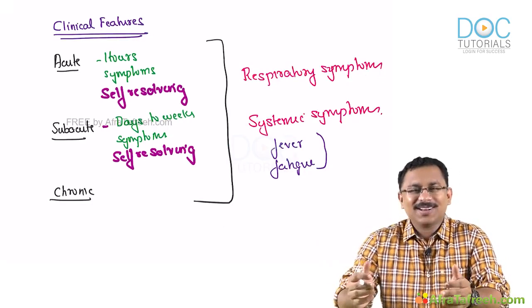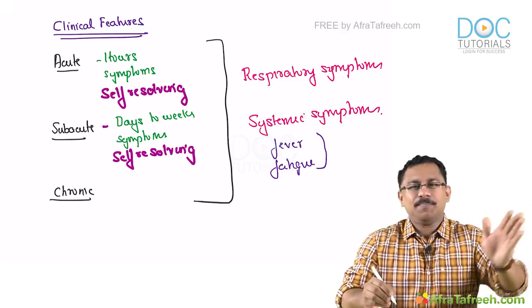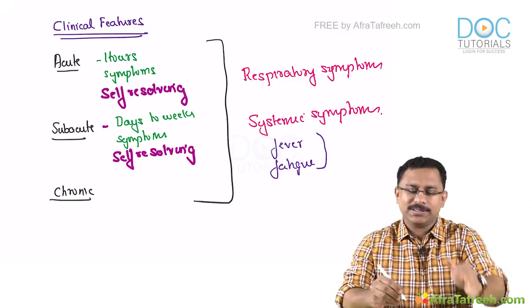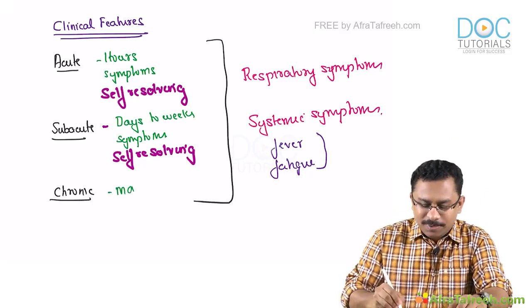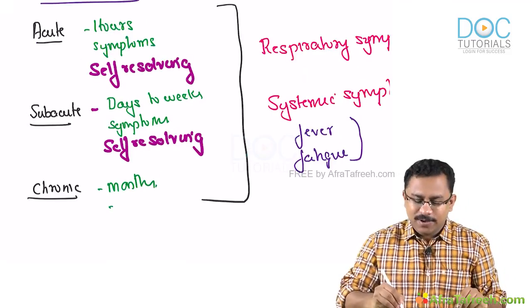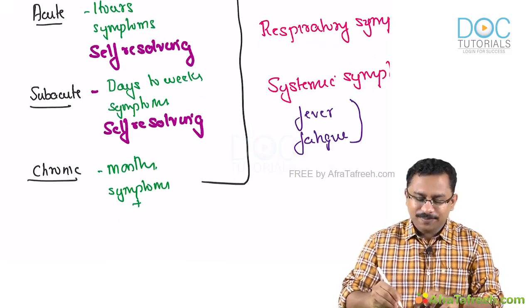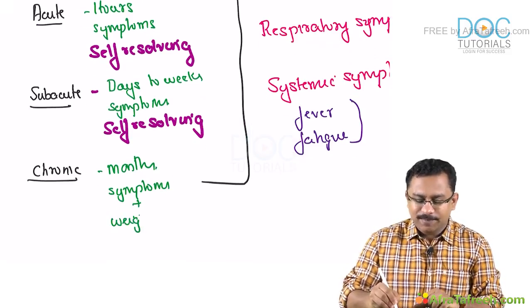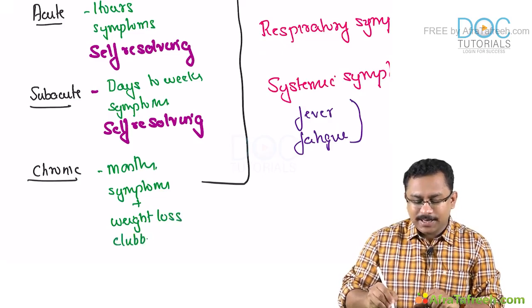And the chronic variety is a slowly progressive course, where the disease evolves over months. In addition to the symptoms that we already mentioned, patients may also have weight loss and clubbing.